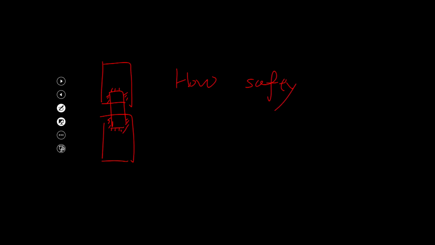For example, if there is a force applying here, how can you check the safety? Now, for example, a column: apply a force here.